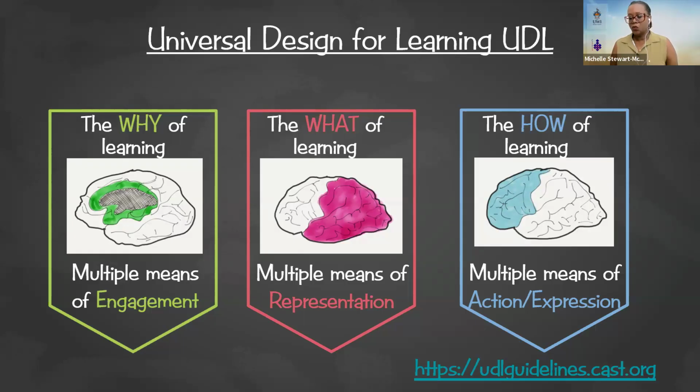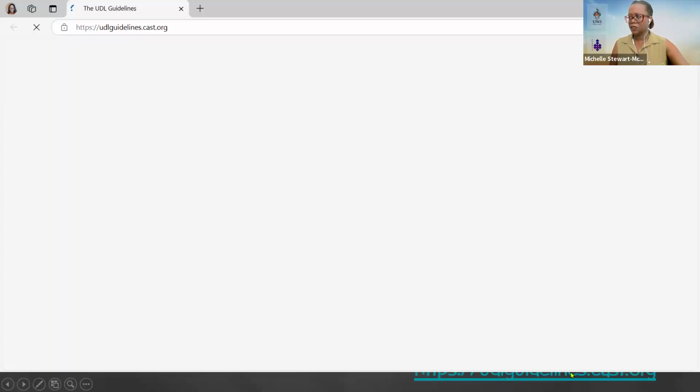And then there is the what of learning, which looks at different ways of representing the information that we're going to share with the students. And then there is the how, multiple ways of action and expression. How do the students get to respond to a question that we have, or a question that we want to share? So I'm just going to quickly bring up the site.